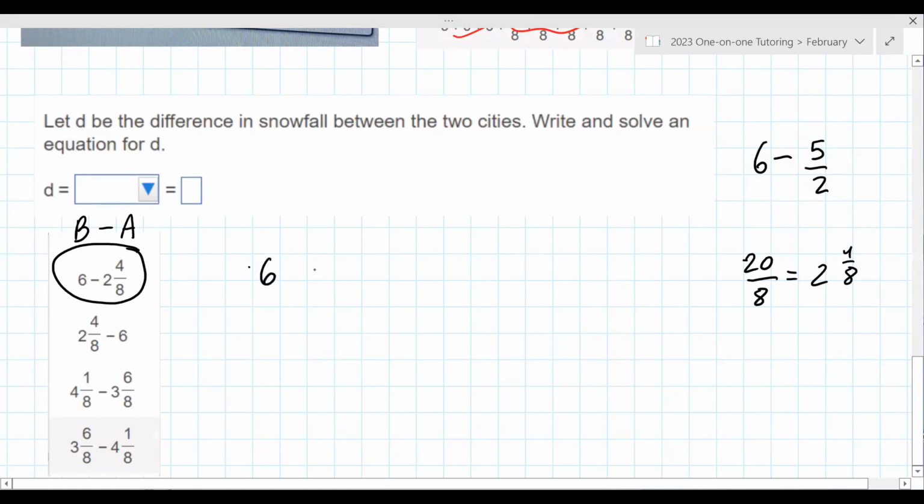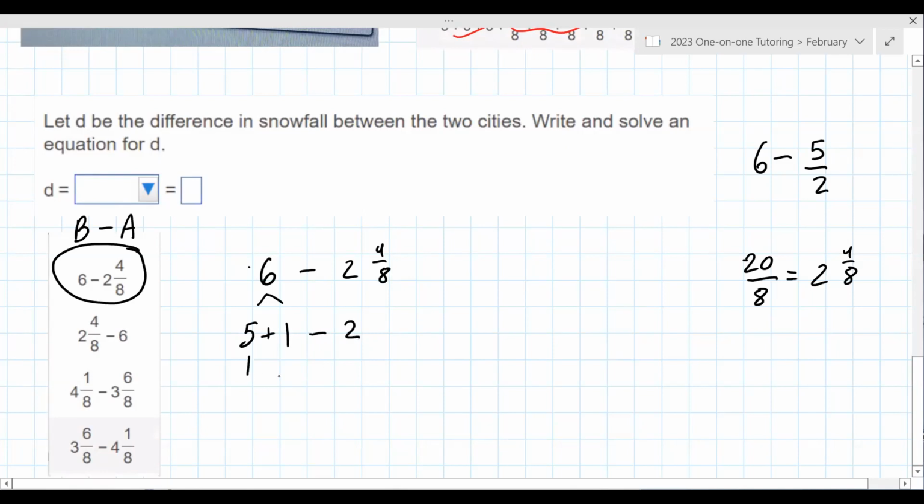It's 6 minus 2 and 4/8 is what they're asking you to do. So we can look at the 6 as 5 plus 1. Do you remember seeing that before? Is that okay that we make 6 into 5 plus 1? Yes. Okay, minus 2.